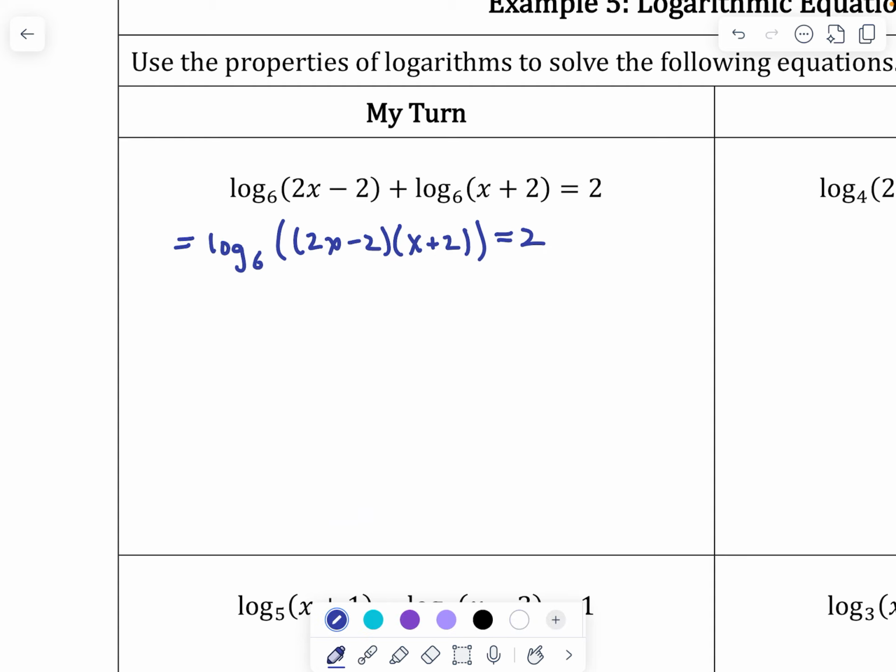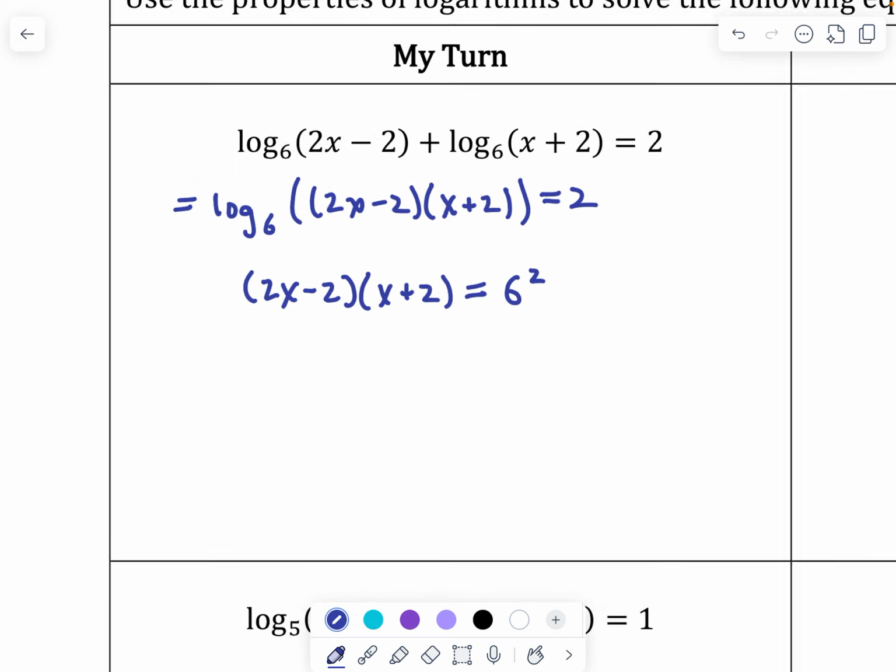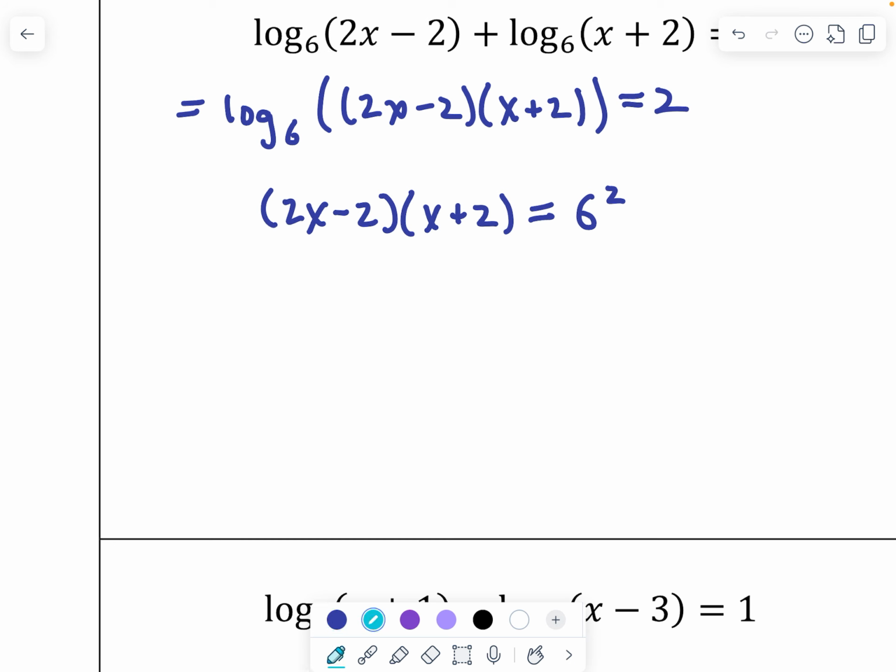That is 2x minus 2 times x plus 2 equals 6 squared. So all I've done is I switched from the logarithm to the exponential, just in the context of an equation here. All right, good. Let's go ahead and distribute all of this.